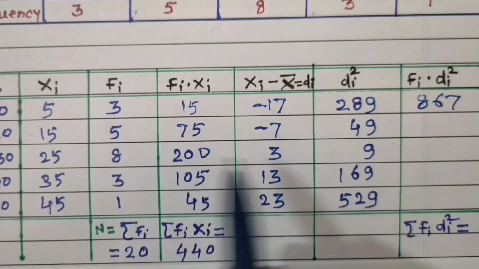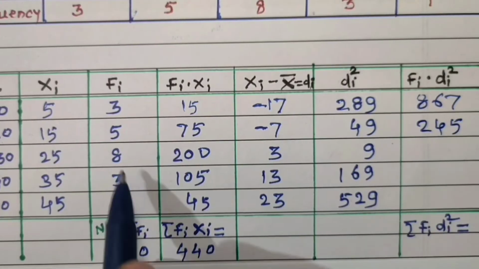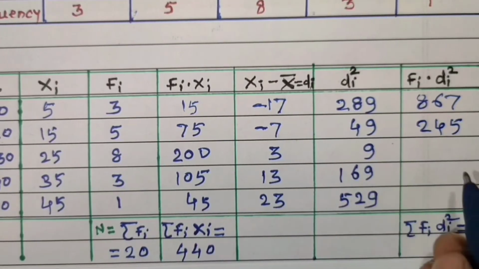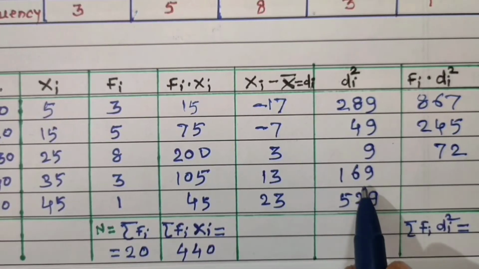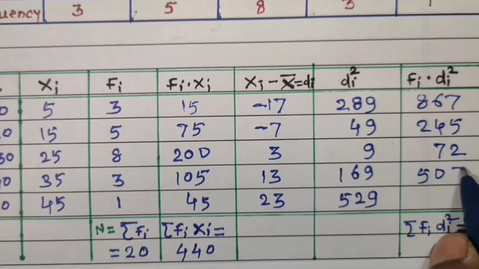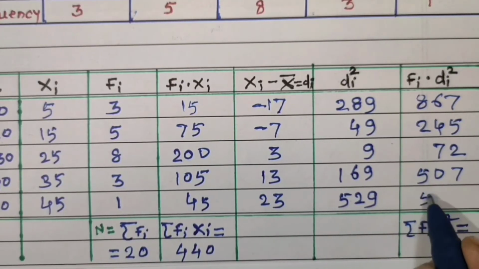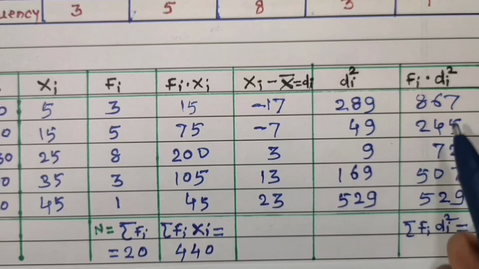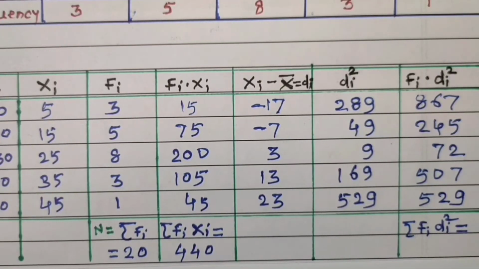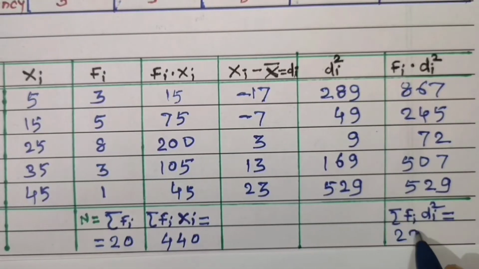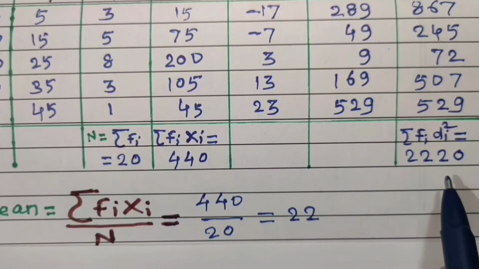Then 5 into 49 is equal to 245. 8 into 9 is equal to 72. 3 into 169 is equal to 507, and 1 into 529 is equal to 529. So let us take addition of all values from this column, which is equal to 2220.